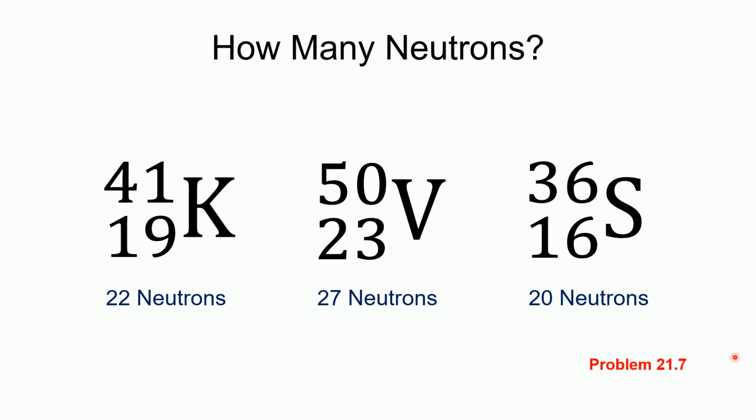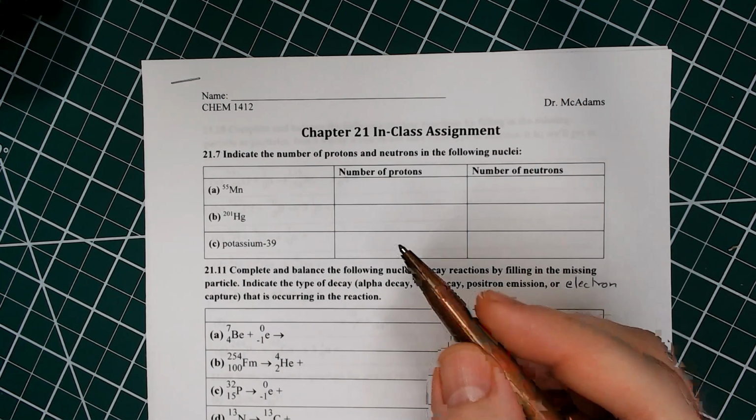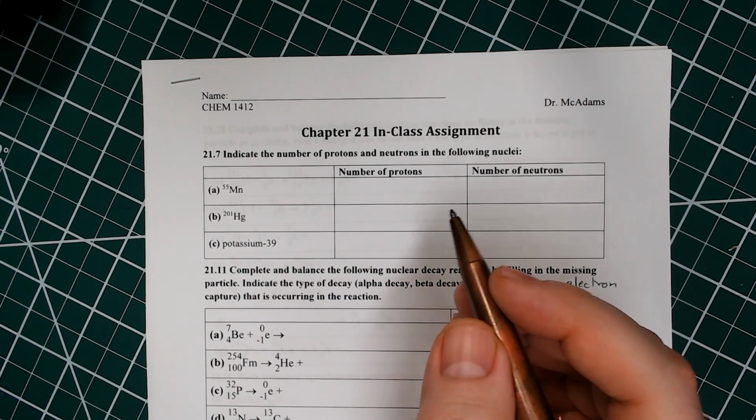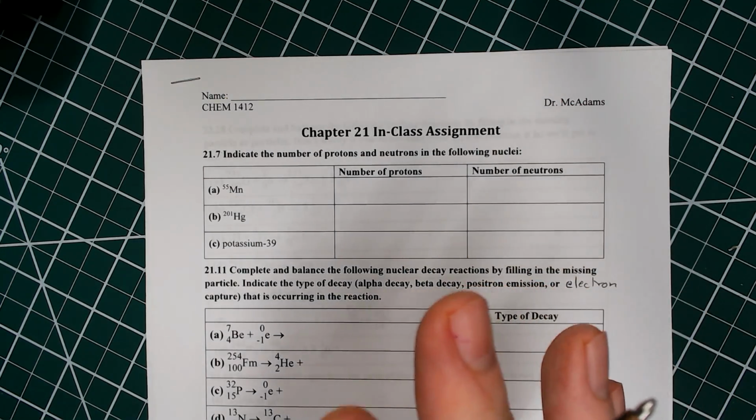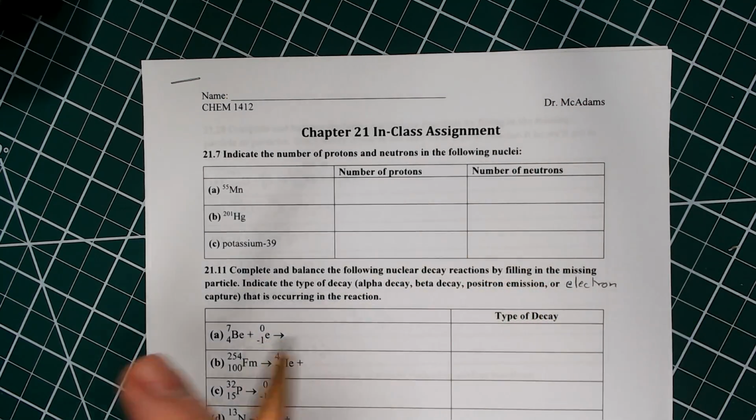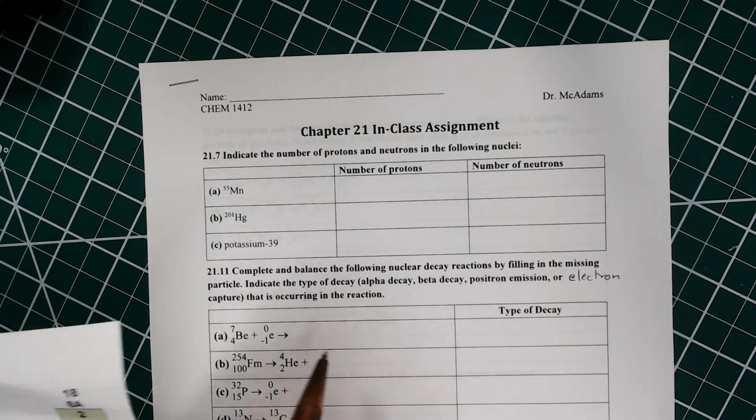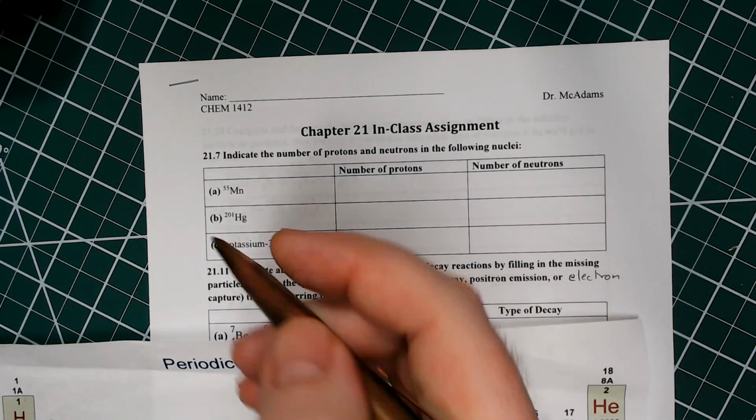So we want to look at number 7 on the in-class assignment. So I'll switch over to number 7 here. And this is really, really easy, provided that we've got a periodic table available. So I have my trusty periodic table here ready to go.